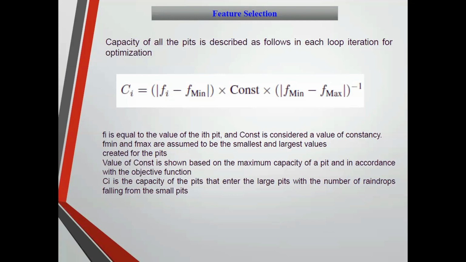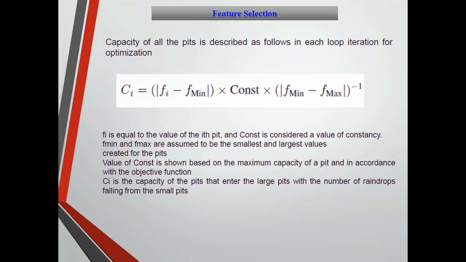In this equation, the value of y is equal to the value of the ith pit, and the constant is considered a value of consistency basically. N min and N max are assumed for the smallest and largest value created for the pits respectively.